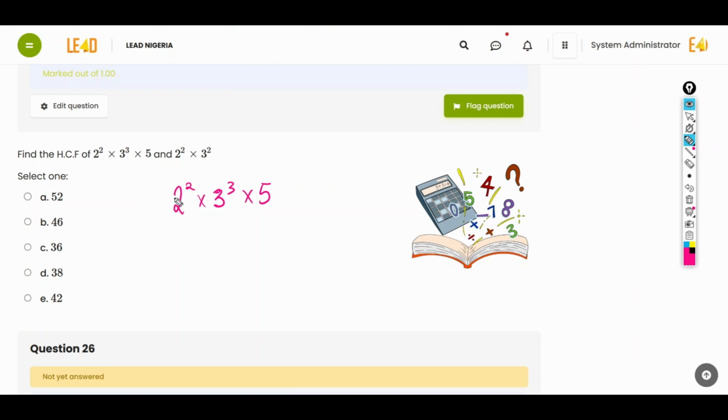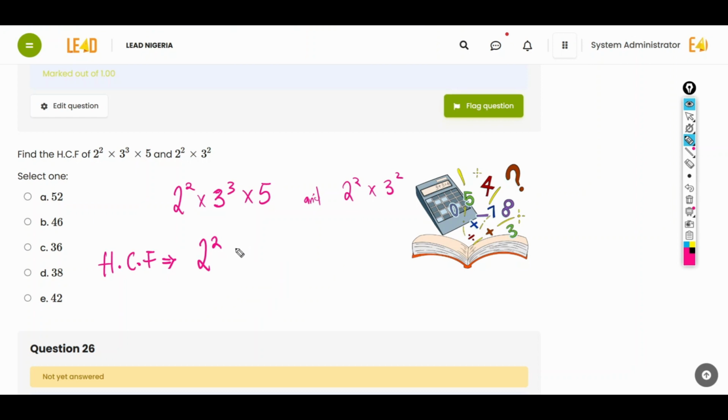So we have 2 squared, 3 cubed, and 5, and then we have 2 squared times 3 squared. If we're doing HCF, we look for what we can find in both of them, the overlap. You pick up only what we can find in both of them. So at least, how much can you find? When it comes to 2, at least I can find 2 squared.